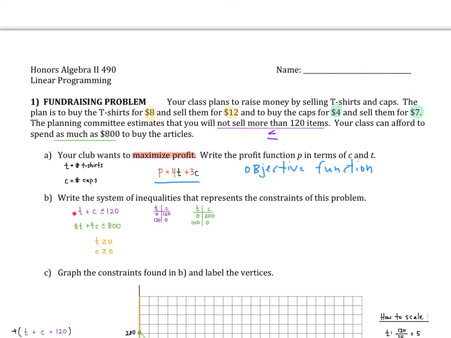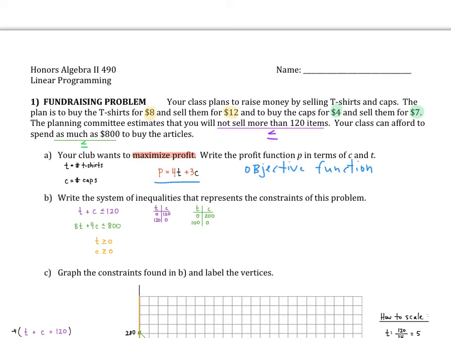So when we write our inequality, we have our items, t-shirts plus caps has to be less than or equal to 120. Then I also see your class can afford to spend as much as $800 to buy articles. I see as much as, and again, I'm thinking less than or equal to.